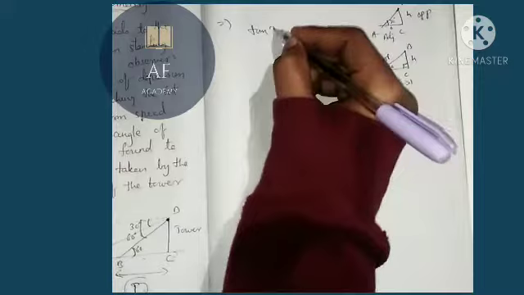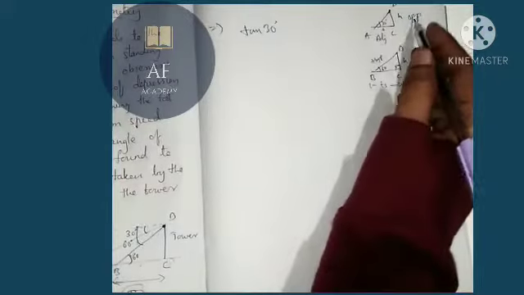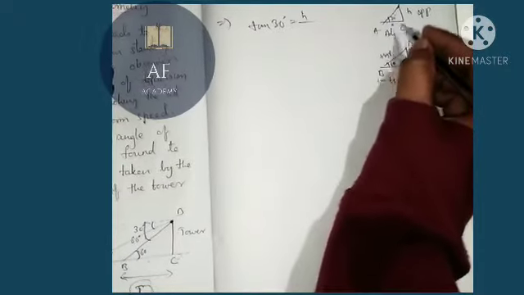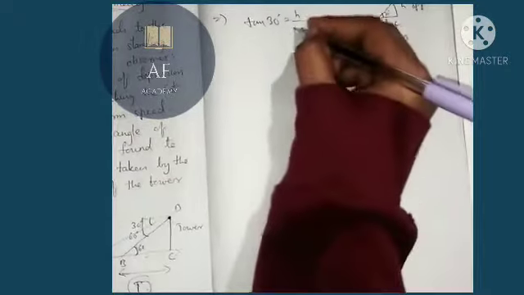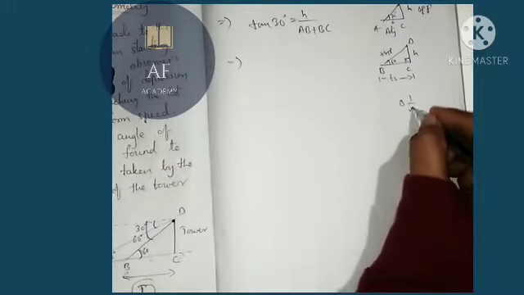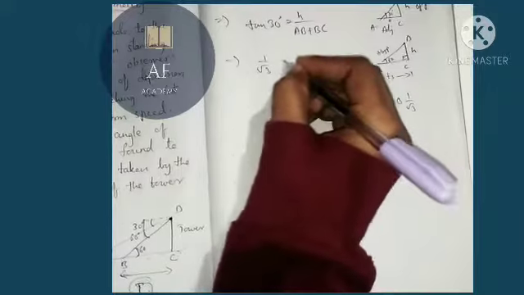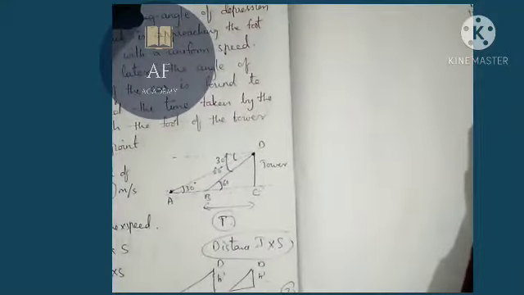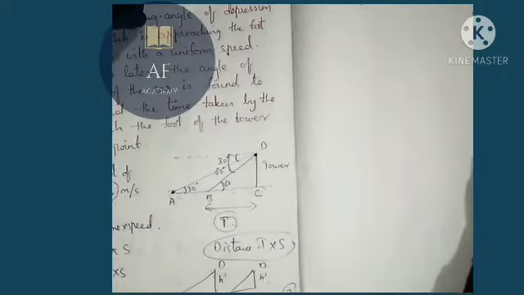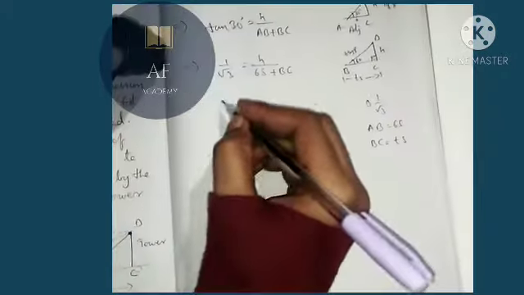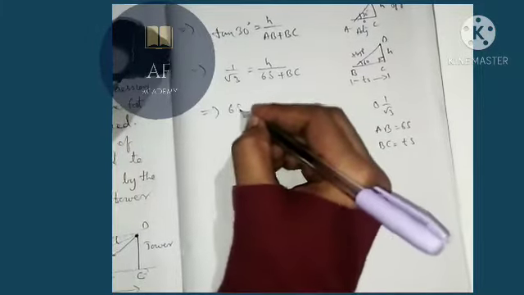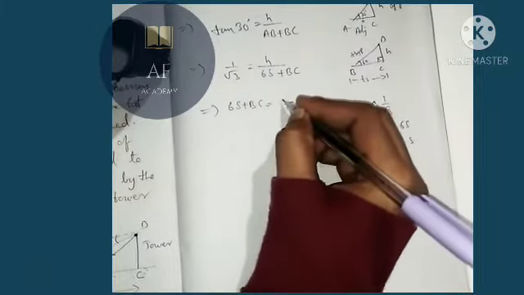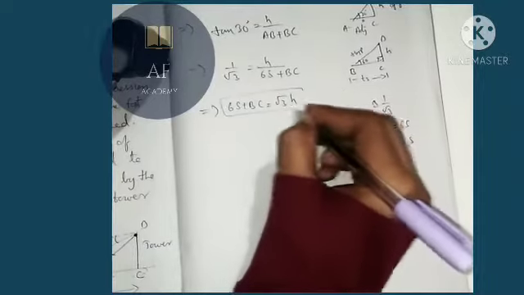Tan 30 degrees, opposite is h, divided by AC, which is AB plus BC. Tan 30 is 1/√3, so 1/√3 is equal to h by AB plus BC, where AB value is 6S and BC value is TS. Now cross multiplication: 6S plus BC is equal to √3h. We will take this equation as first.